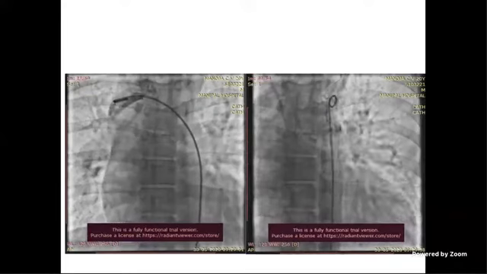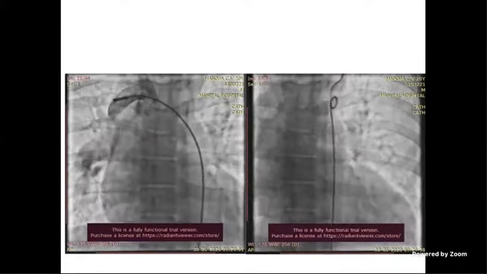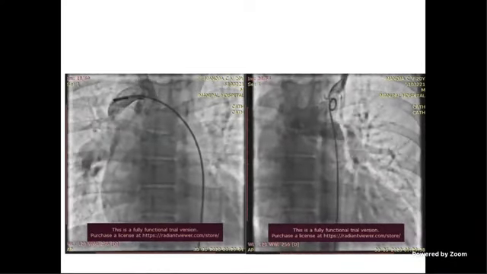So this is the AP view with a slight cranial angulation, and this is the pigtail catheter.